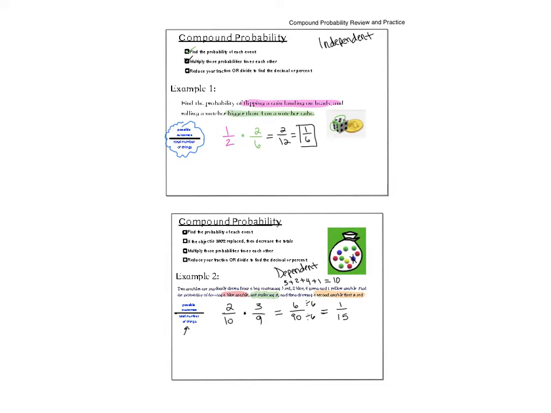All right, guys, so last time we were in person together on Wednesday, we went through and looked at these examples together of compound probability. And we talked about times when we have independent probability, like in this first example where we're flipping a coin and rolling a number cube, and those are independent events because the answer that we get when we flip a coin doesn't change the answer that we're going to get when we roll a dice.